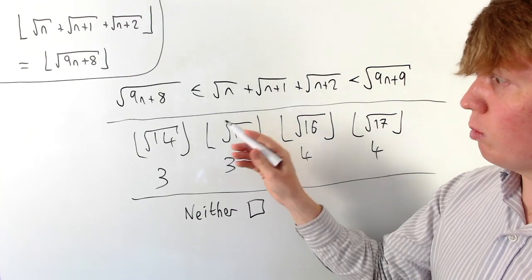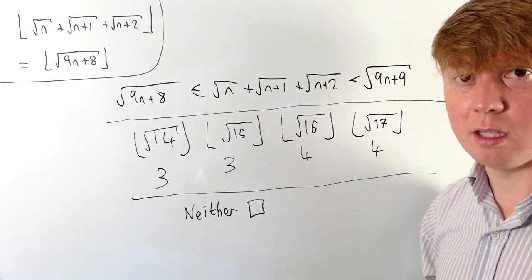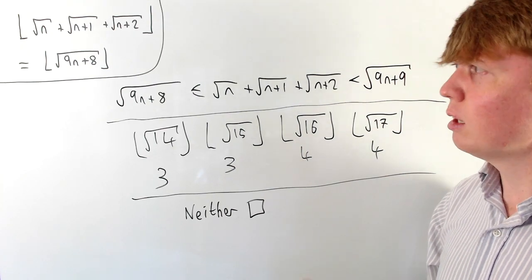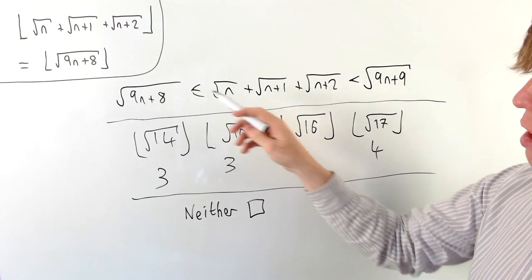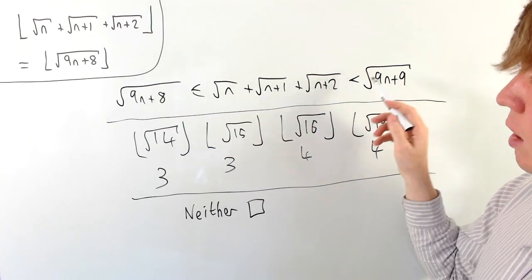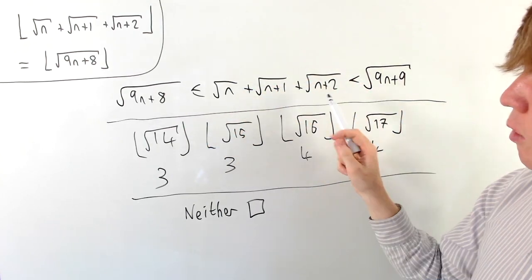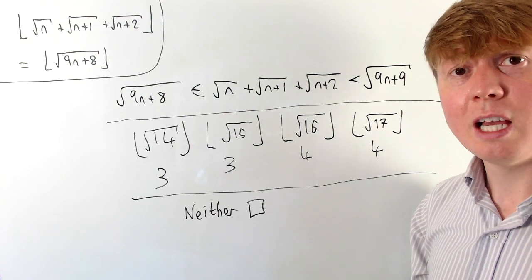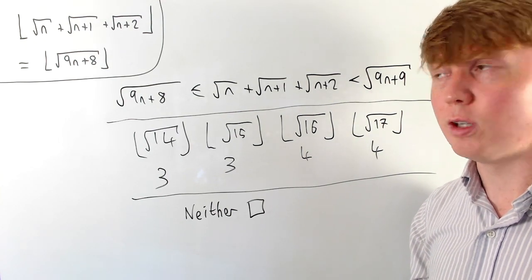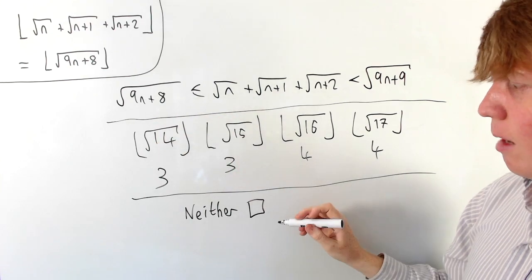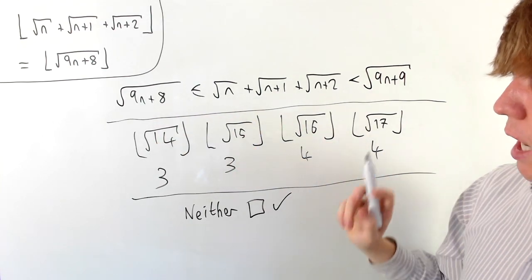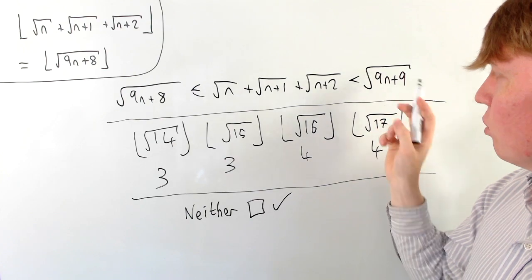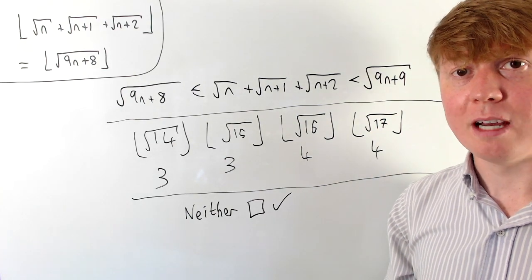So we know that when we take the floor function of the root of each of these, we're going to get the same value. So then this inequality is telling us that when we take the floor function of either side, we get the same value. So this is telling us the floor function of the sum of square roots has to be the same as the floor function of the square root of 9n plus 8. So it is sufficient in this case where neither 9n plus 8 or 9n plus 9 are a square number.